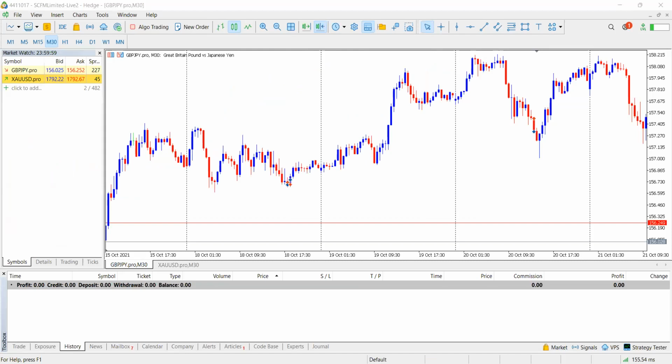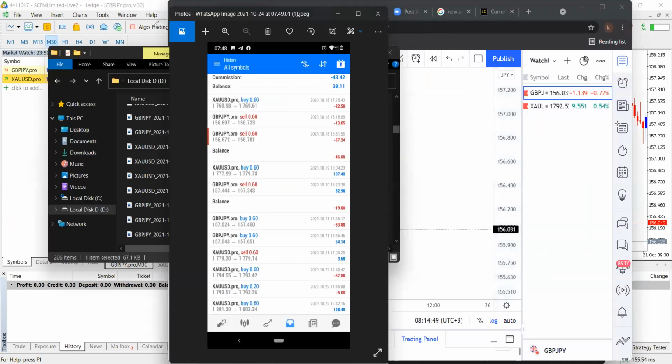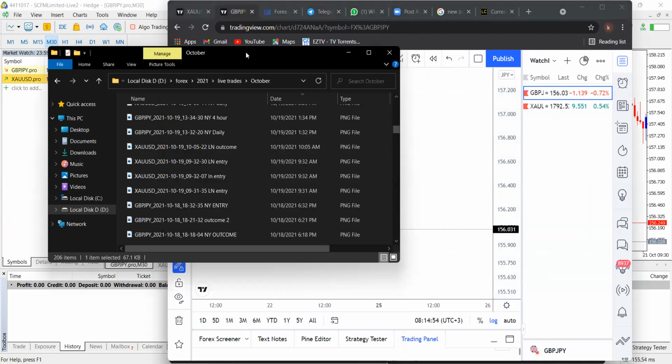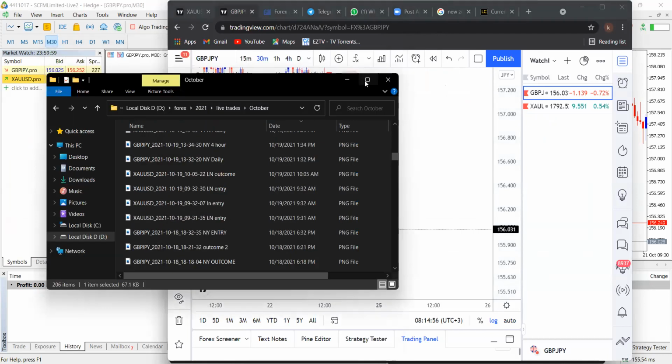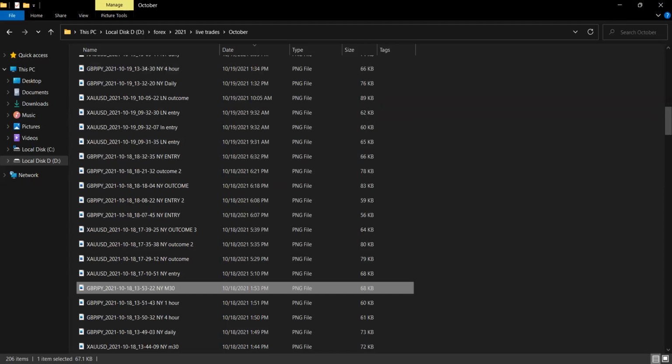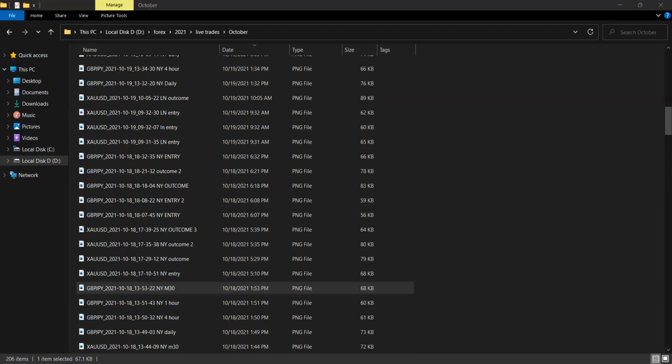So hiyo hesabu unaweza fanya hesabu without a calculator. That's what a pip converter does. Najaribu kuambia how pips are converted to labda USD ama Japanese yen. Is not the same vile tulikuwa tunafanya sisi. Unaona? Yeah, it is different.